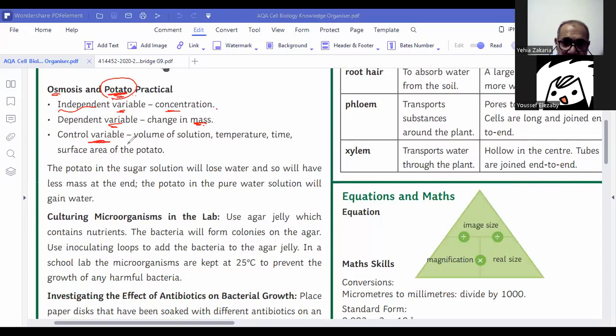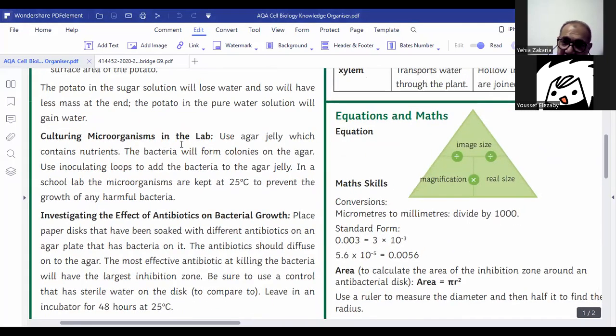Control variables, which we must keep constant while performing the experiment, are like the volume of the solution, temperature, time, and surface area of the potato. All these control variables should be constant. Okay?